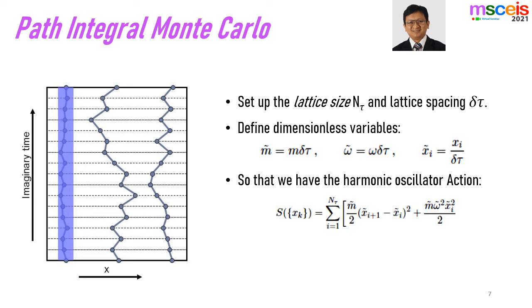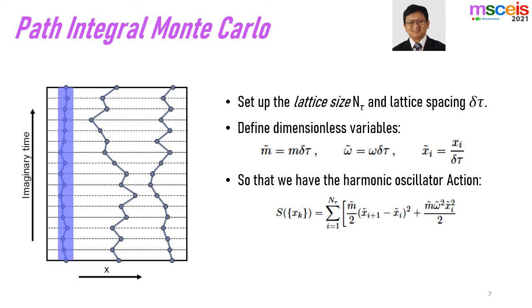Now the path integral Monte Carlo, which is the numerical method to calculate the path integral. What we do is, first of all, we set up the time size or the lattice size. That is the number of slices in time, so that's n tau. We also determine the spacing between the time slices, which is delta tau.